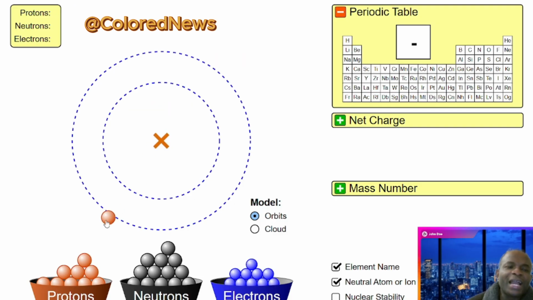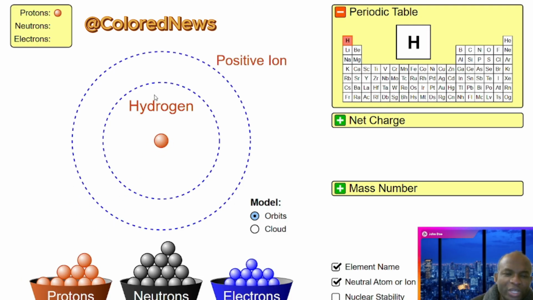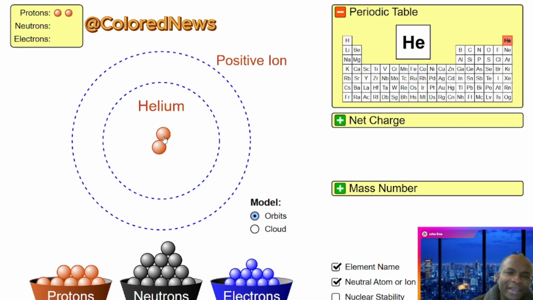If I have just one proton, it means that we are talking about hydrogen. If I have two protons, it definitely means that we are talking about helium on the right side of the periodic table.